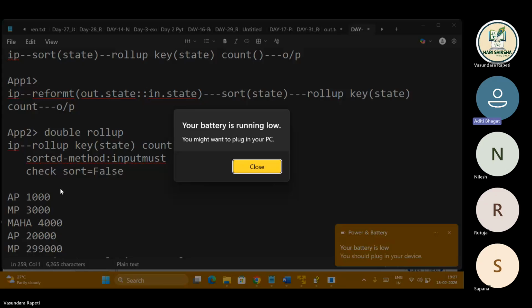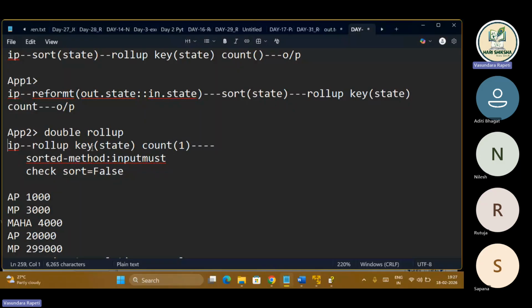The amount of sort memory which was required is reduced because we have made check sort false. Yes, exactly, the data will be reduced a lot in the initial stage, and that is a good performance point. This is one performance tip: reduce the data in the initial stage if possible.